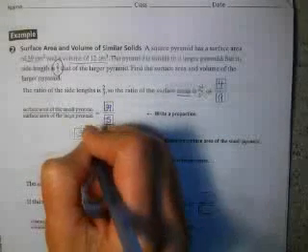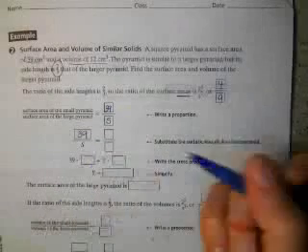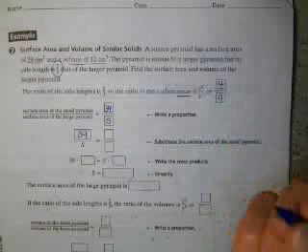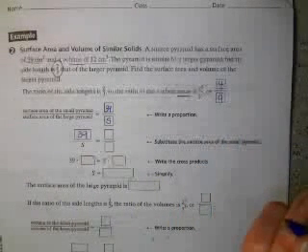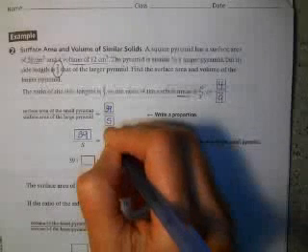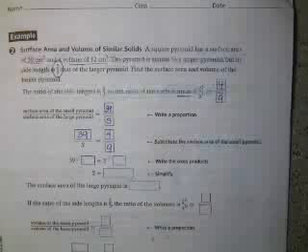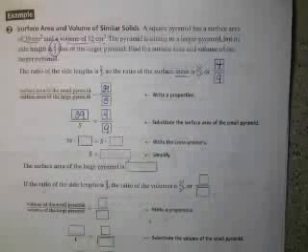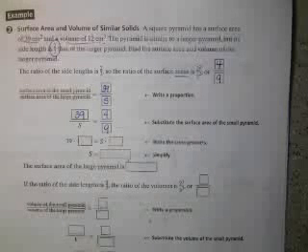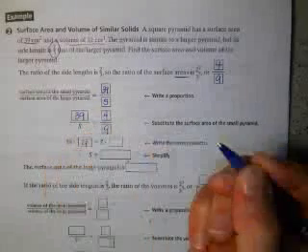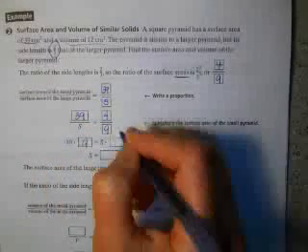My proportion is 39 over S equals 4/9. And I'm going to go from there. All right, so 39 times 9 is equal to S times 4.